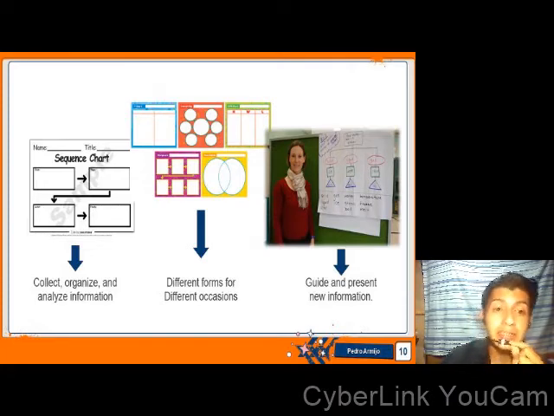Also, these visual representations have different forms and they are used in different occasions that help the students to comprehend a reading text better. In the same way, graphic organizers also help teachers in the classroom to guide and present new information in order to illustrate better their students' knowledge about a piece of writing.